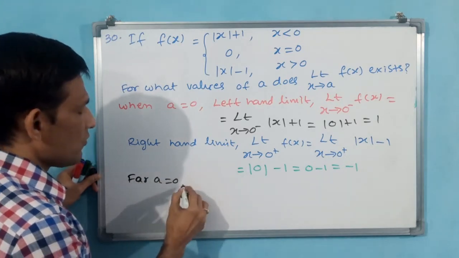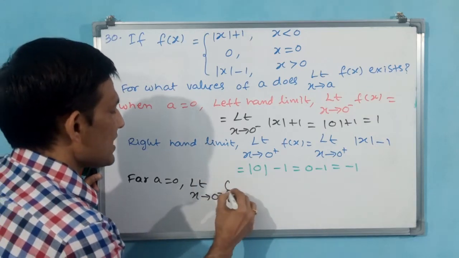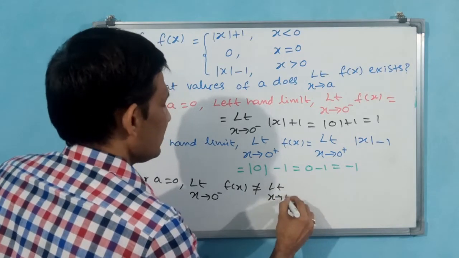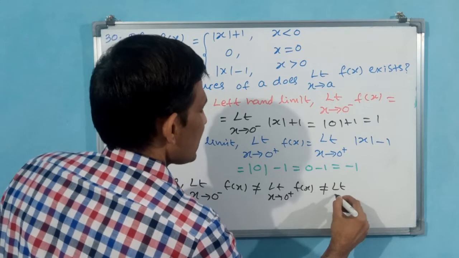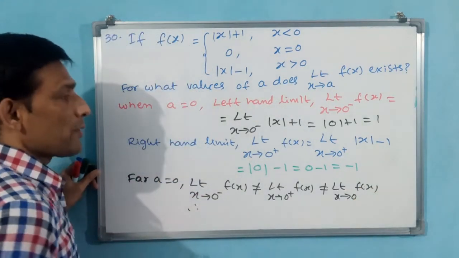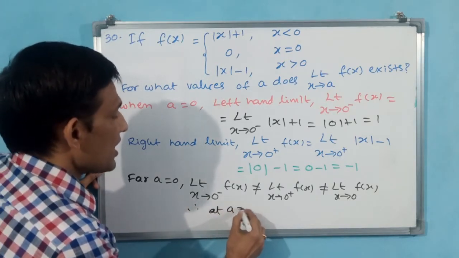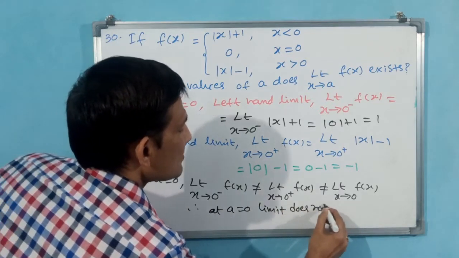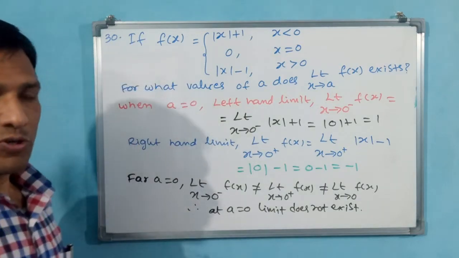For a is equal to 0, limit x tends to 0 minus f of x is not equal to limit x tends to 0 plus f of x, not equal to limit x tends to 0 f of x. Therefore, at a is equal to 0, limit does not exist.